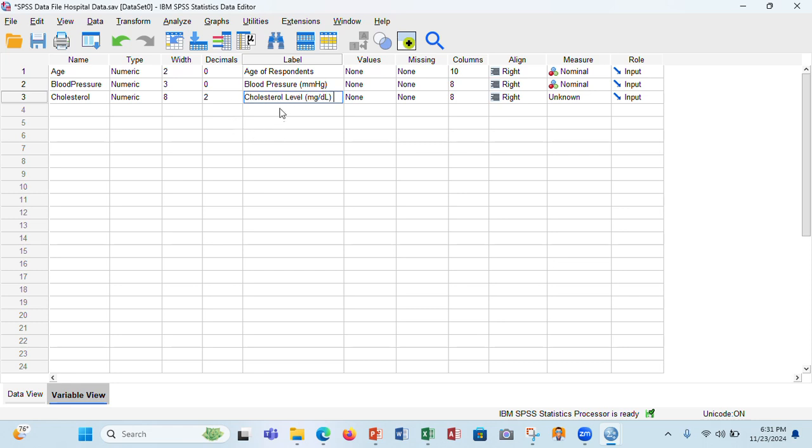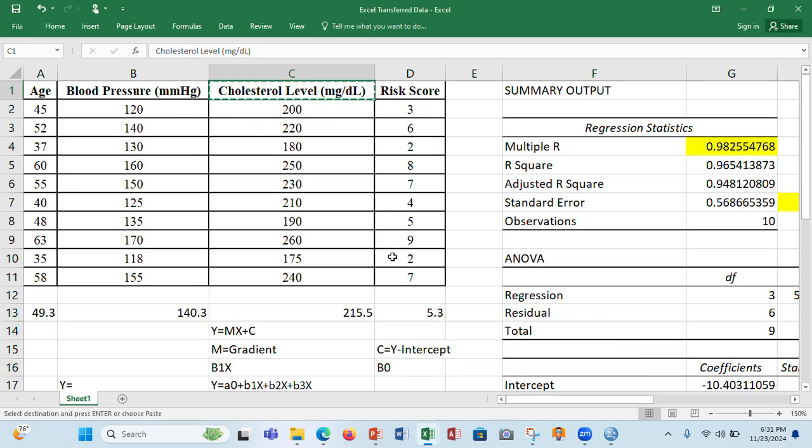The label name is cholesterol level measured in milligrams per deciliter. Cholesterol is also 3 width and decimal places are 0. We remember that we are making our decisions based on the fact that they are 3 digits. You can see there they are also 3 digits.